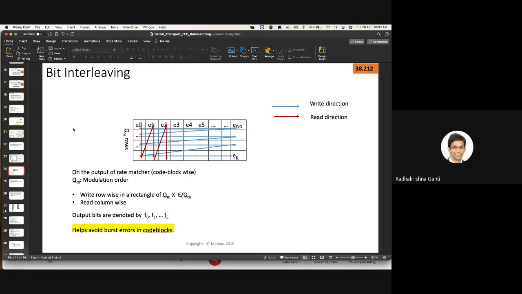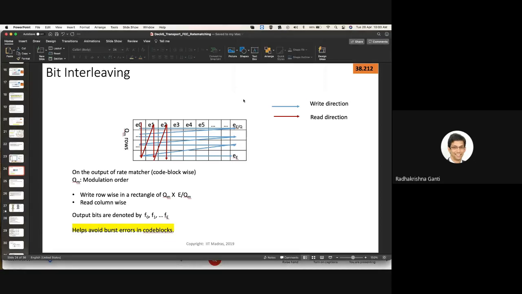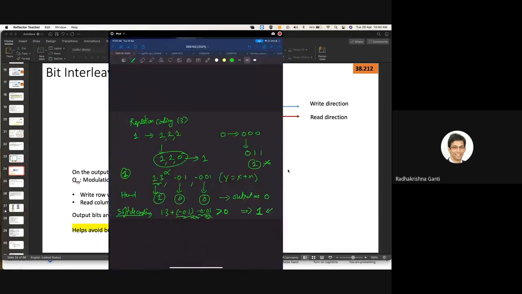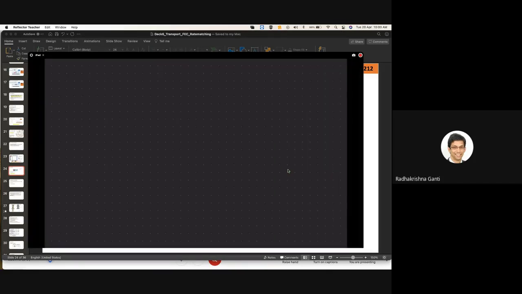The reason for bit interleaving is this. Let me just share my screen, and I can explain in just one minute.